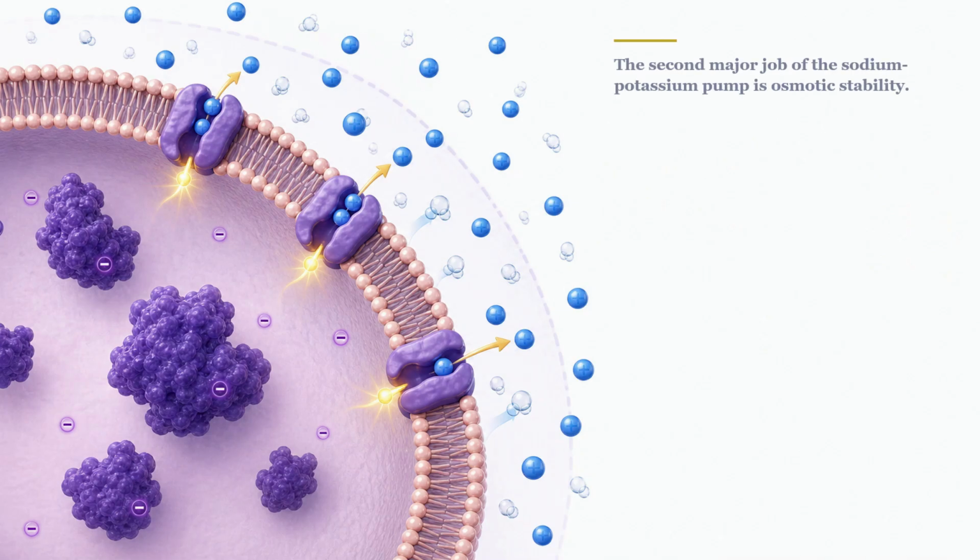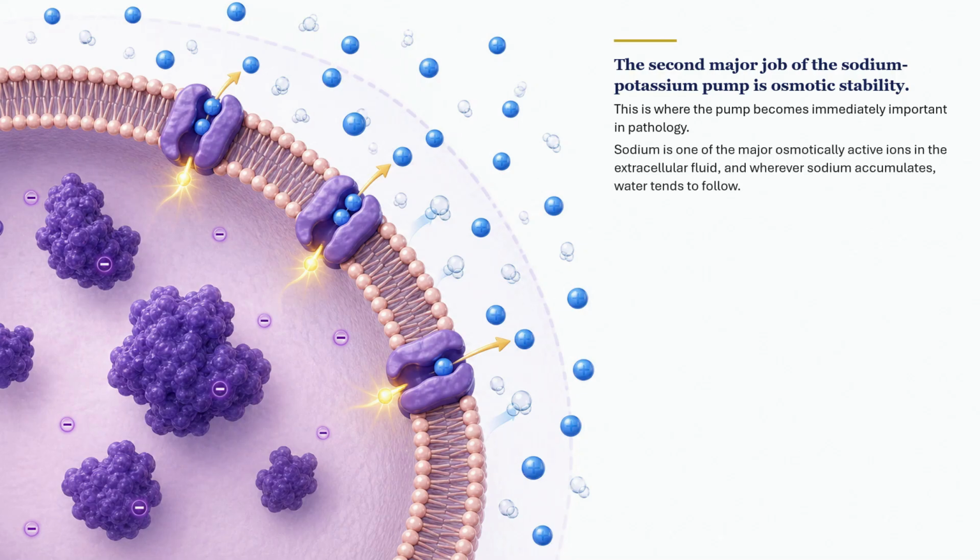The second major job of the sodium-potassium pump is osmotic stability. This is where the pump becomes immediately important in pathology. Sodium is one of the major osmotically active ions in the extracellular fluid, and wherever sodium accumulates, water tends to follow.